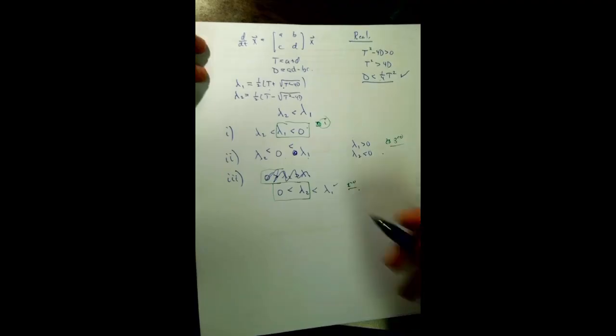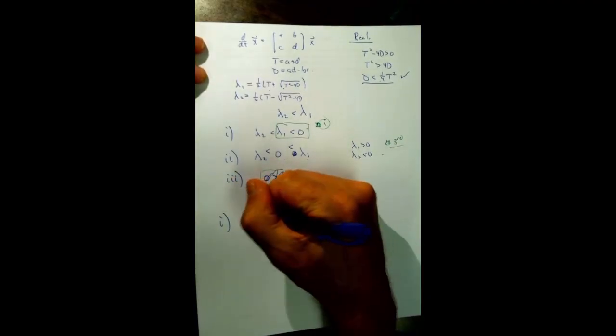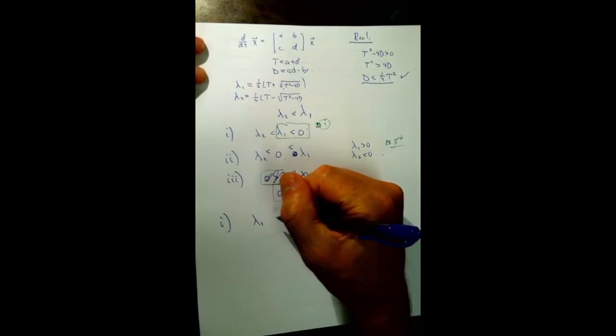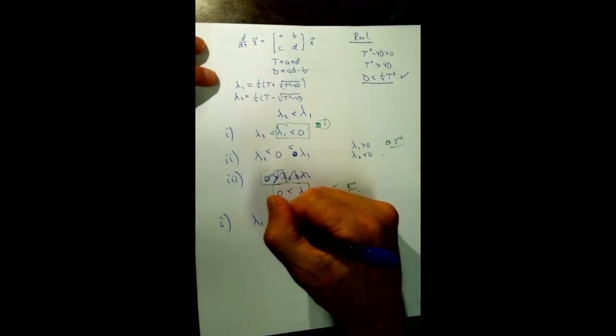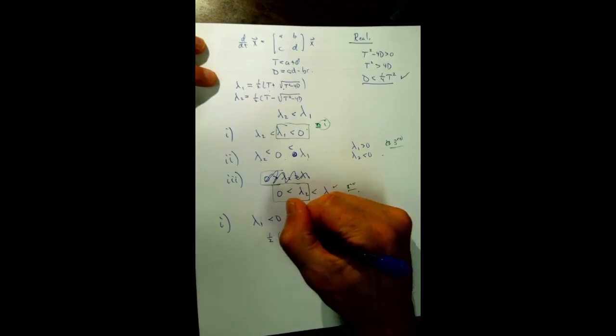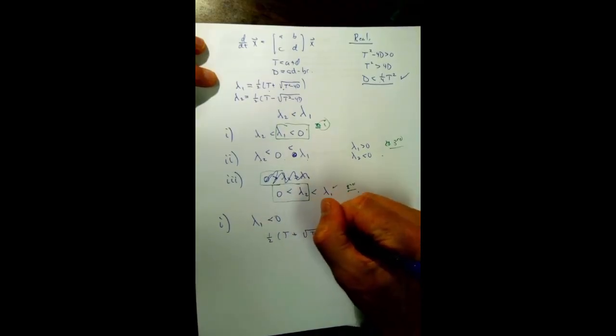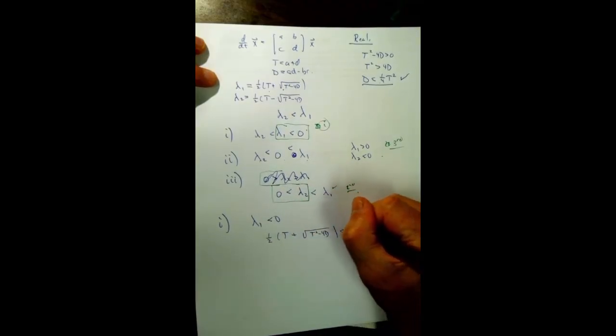Okay, so case 1. I want to show what the conditions are for lambda 1 to be negative. So that means 1/2 t plus the square root of t squared minus 4d is negative.